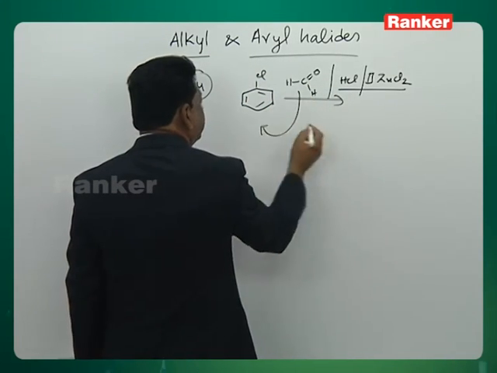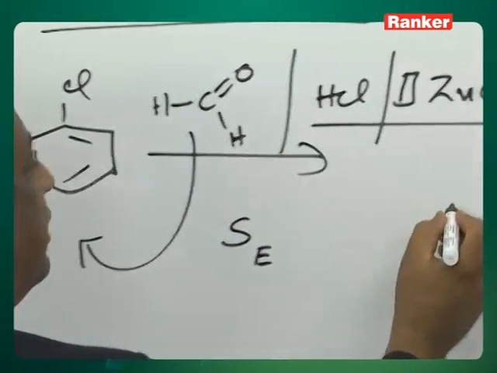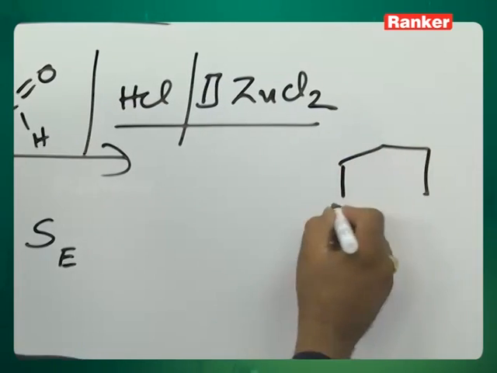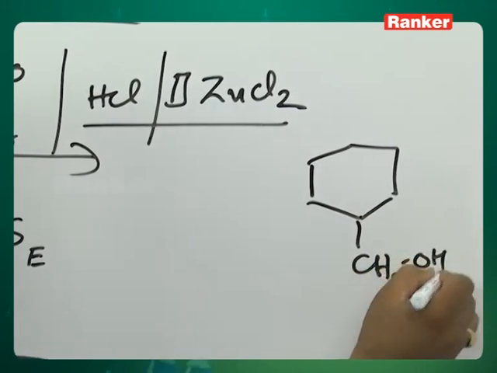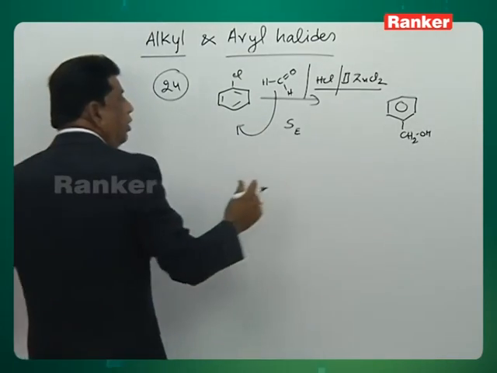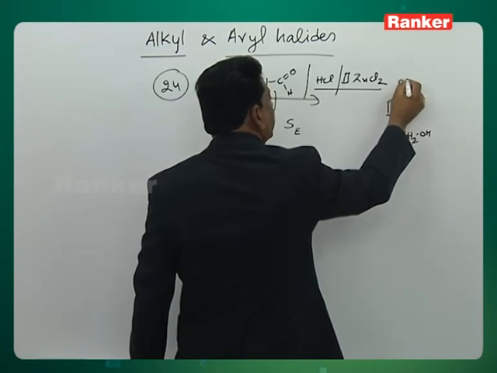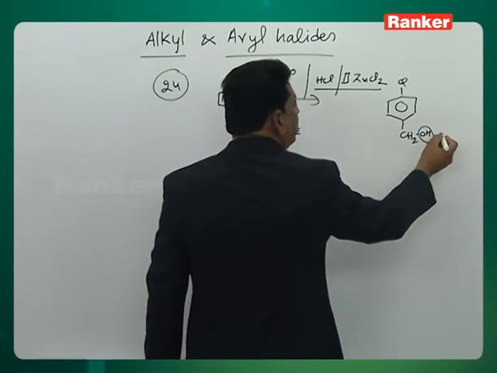It is an electrophilic substitution, and the reaction takes place at the para position. Initially you will get CH2OH, and because Lucas reagent is there, the OH is replaced by Cl.